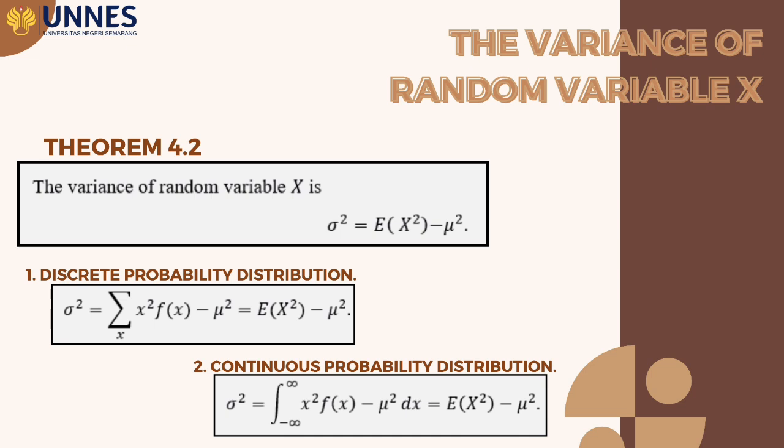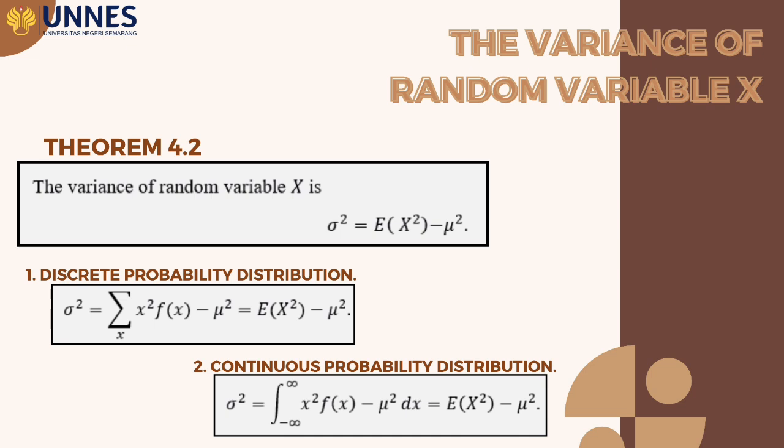And the next is the variance of random variable X, theorem 4.2. The variance of random variable X is sigma squared equal to E[X squared] minus mu squared. For a discrete probability distribution, the formula is sigma squared equal to the sum of x squared f(x) minus mu squared, equal to E[X squared] minus mu squared.